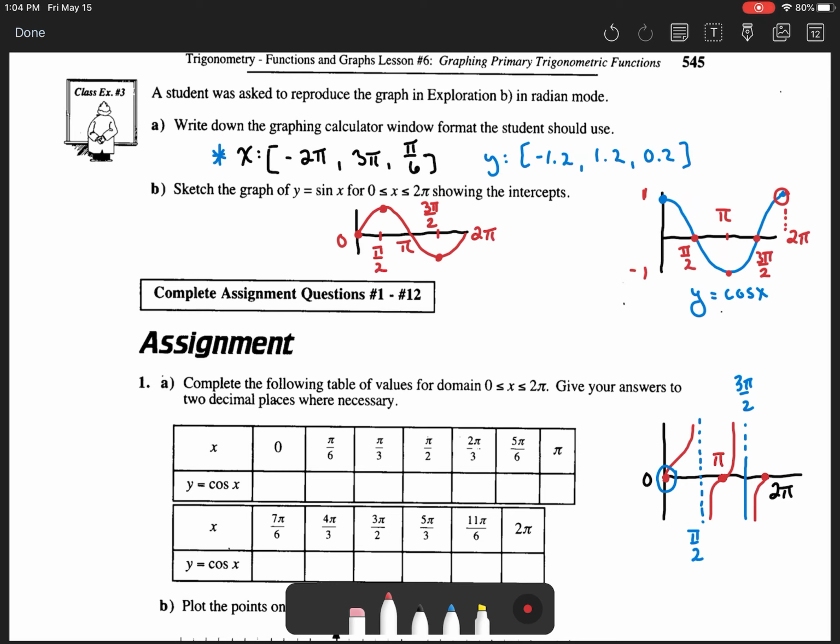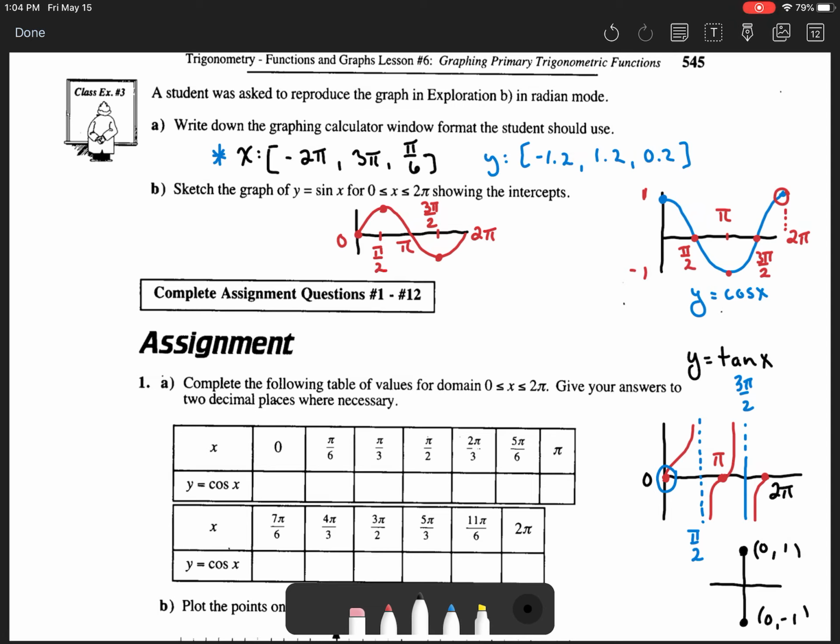Now the reason I have vertical asymptotes at 90 degrees and 270 is because of the unit circle. When I looked at the unit circle, which we learned the other day, at 90 degrees and 270, remember these points as coordinates were (0, 1) and (0, -1). Now tangent, I should label that graph here, this is y equals tan of x.